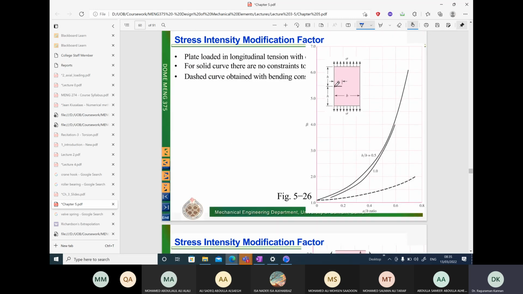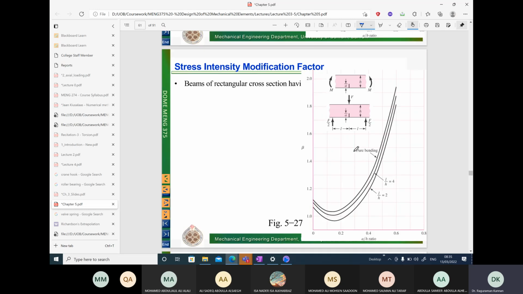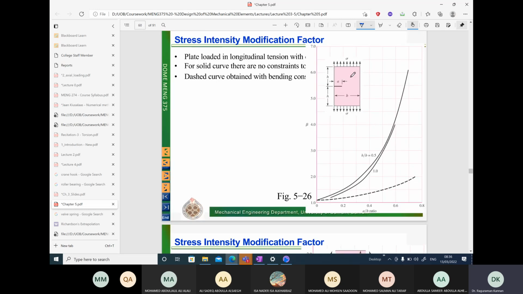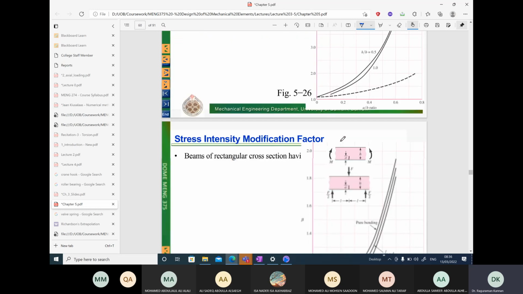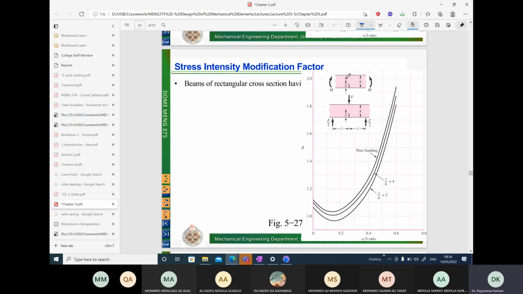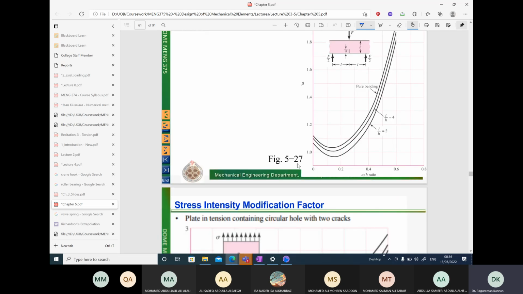There are other cases. If you have an edge crack in the plate, then you will use this particular graph. In the previous two cases, you just had tensile load normal to the crack direction. Here you have a bending moment applied to the plate or a bar, and here you have a transverse load applied to the bar. Depending upon the condition, you can extract the beta value.